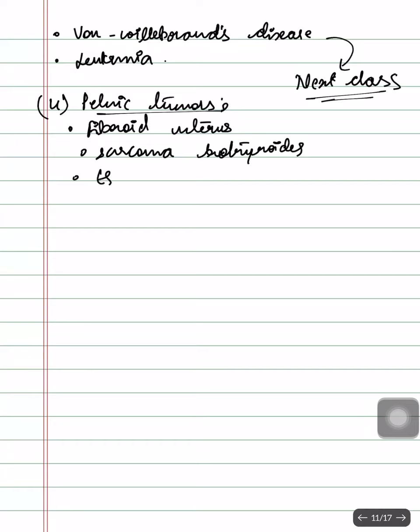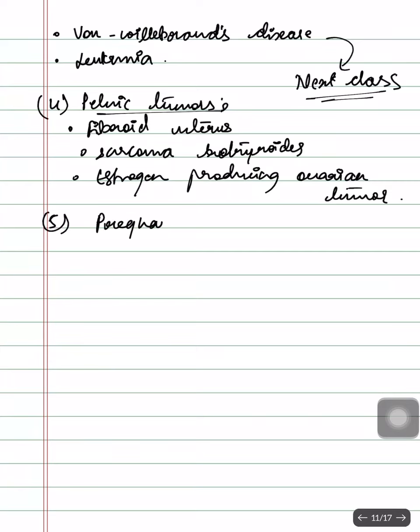All of these, PCOS, idiopathic thrombocytopenic purpura, I'll explain in detail in further classes. So these are the main causes of menorrhagia. Finally, there are pregnancy complications, which is abortion, where you can see bleeding. So these are the five main causes.